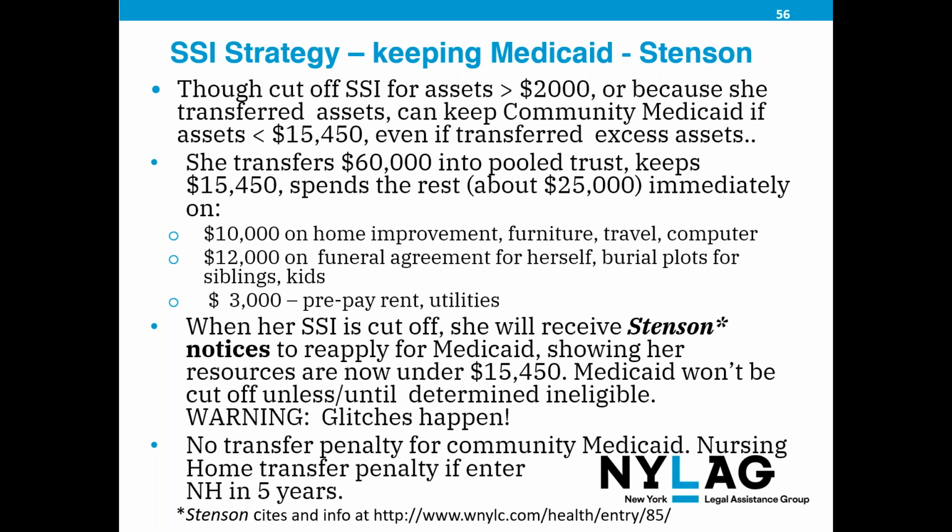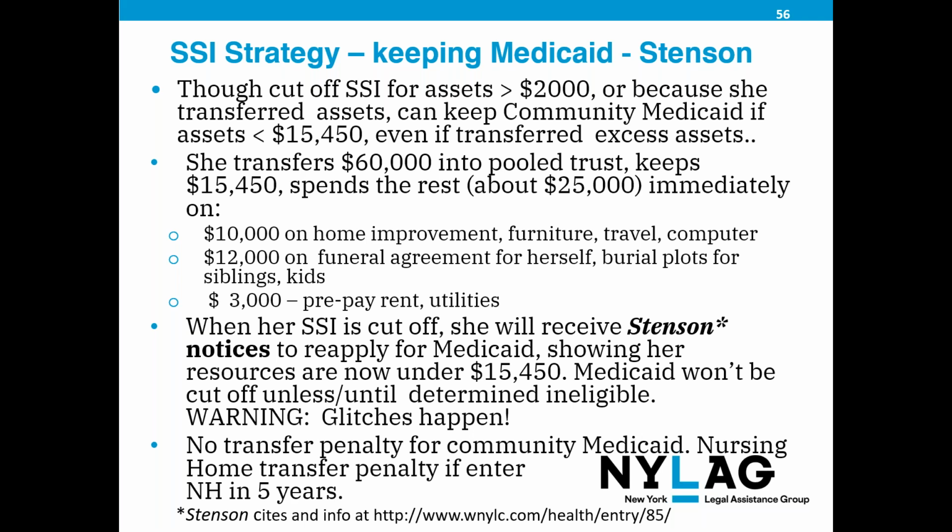She can buy funeral agreements for herself and some of her family, burial plots for her siblings and kids. She can prepay rent and utilities, and her SSI will be cut off because her assets are over 2,000.